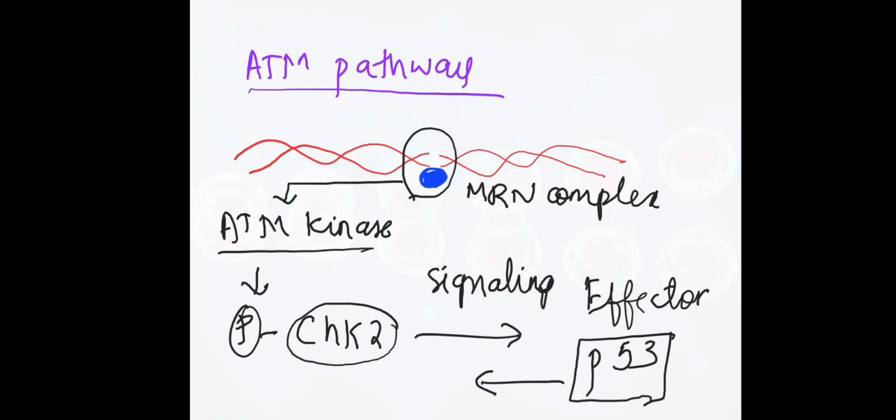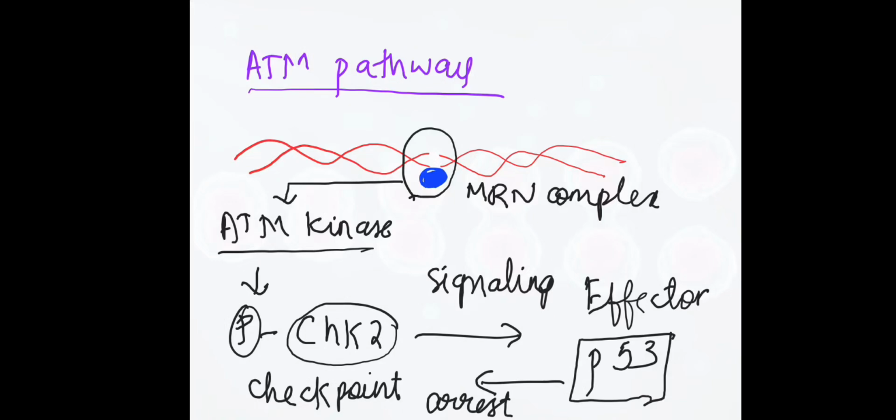With the help of the signaling converging on the downstream effector, that is P53, the checkpoint is arrested. So this is how the ATM pathway works. If the DNA damage can be repaired, then the ATM will repair it.